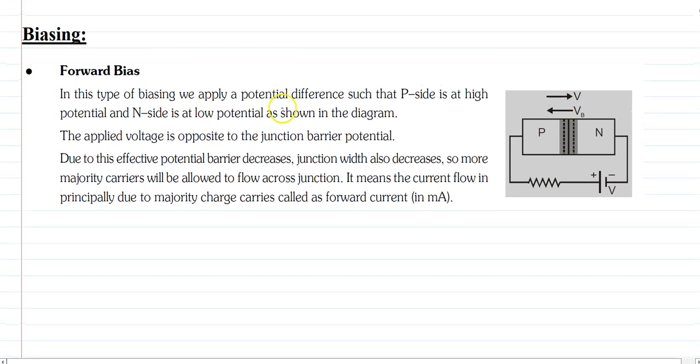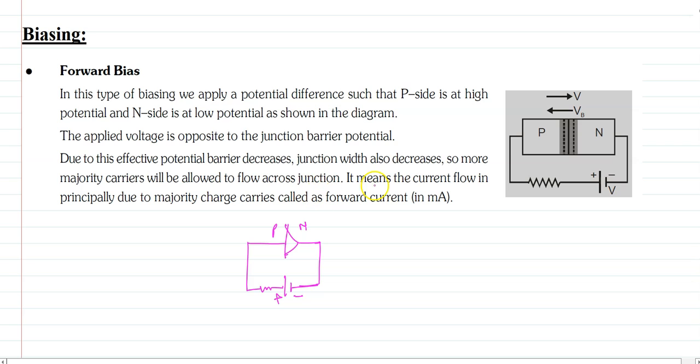Forward biasing means we connect a voltage source so that the positive side of the voltage source is connected to the p side of the diode and the negative side of the voltage source is connected to the n side of the diode. This is the p side, this is the n side, and we connected the positive terminal of the battery with the p side of the diode and the negative terminal with the n side.